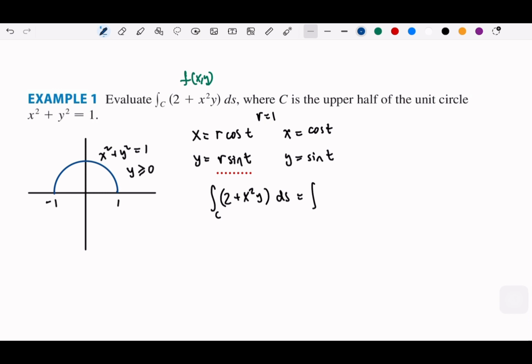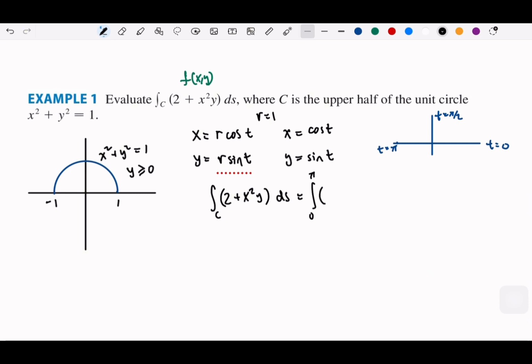If you remember polar, we start from t equals 0 until t equals pi, so t goes from 0 to pi, right?